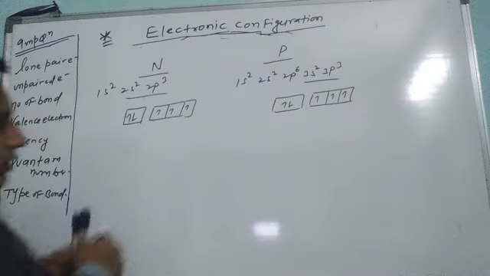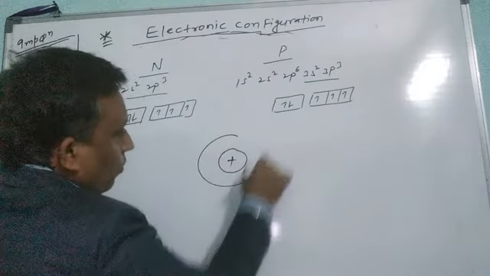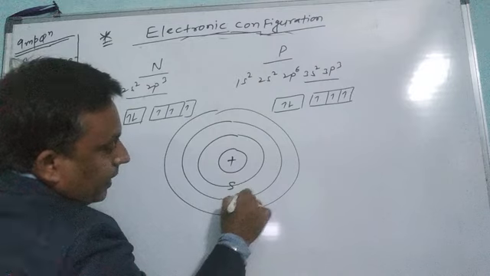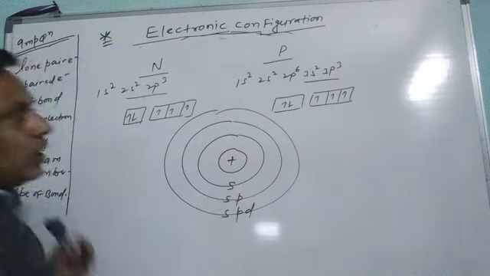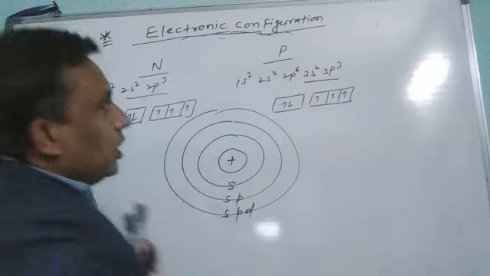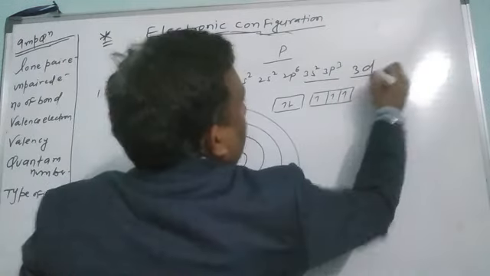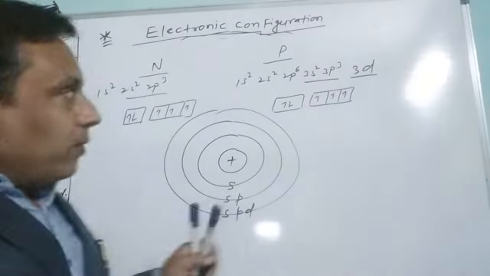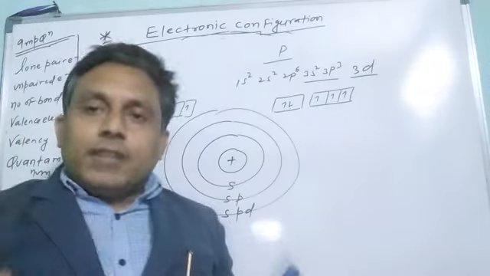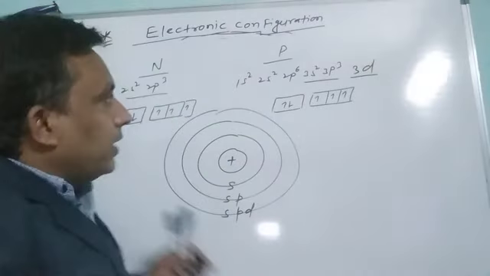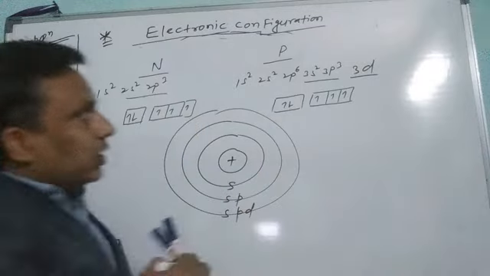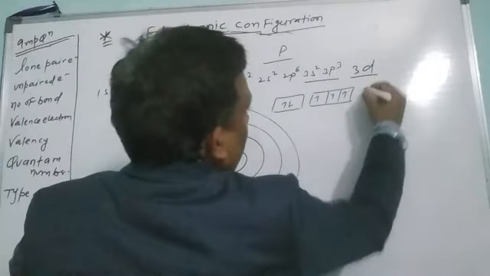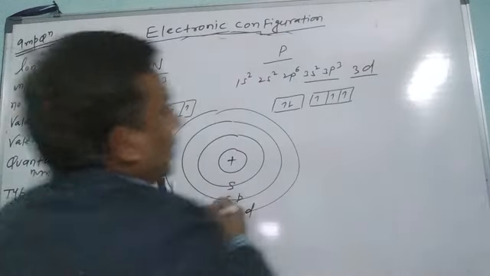As we know, the first orbit has s, the second has s and p, the third has s, p and d. In case of phosphorus atom, the 3d orbital is present, but no electron is present in the d orbital. But in certain conditions, when we raise the temperature, then a 3s electron goes inside the 3d orbital.